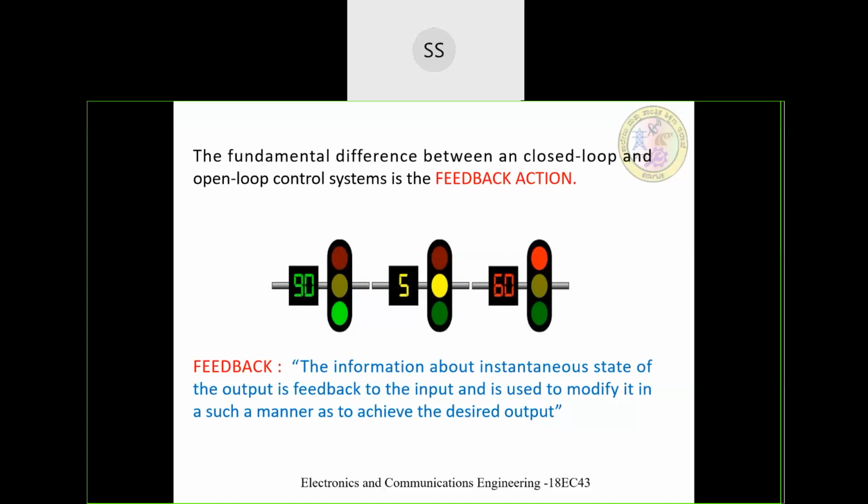Unless there is an interaction between the time of changing the lights and the traffic or congestion, it will be known as an open loop system only. So the feedback action is the main theme which differentiates between a closed loop and an open loop system.